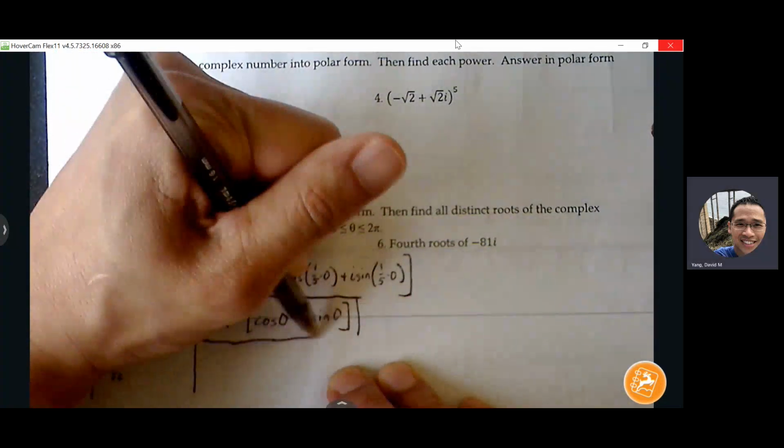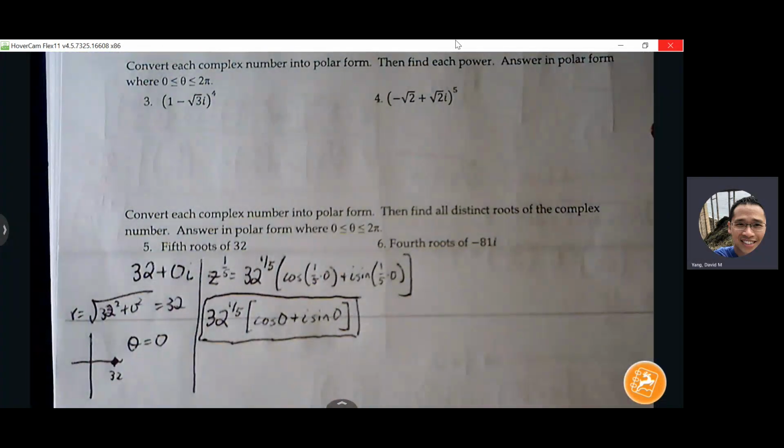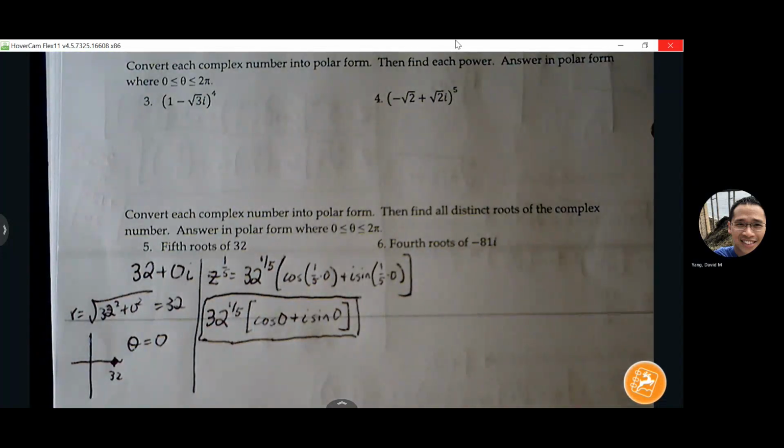You can also reduce that 32 to the 1/5. You know what that value is? What's the fifth root of 32? It's 2, yeah, so you can write it as 2 if you want to reduce it. That's fine. Okay. How many more solutions do we want? 4 more. Okay. What's our formula? 2 pi over, not over 32, over n.